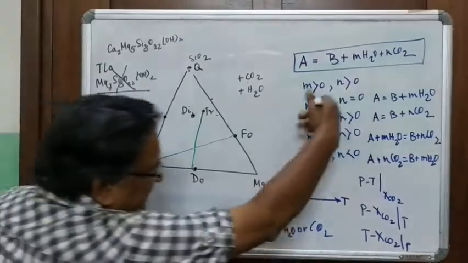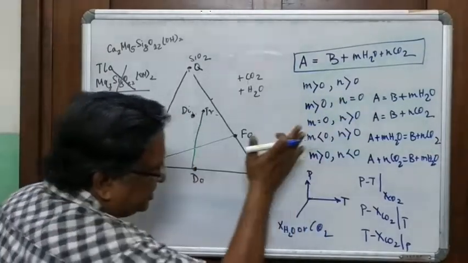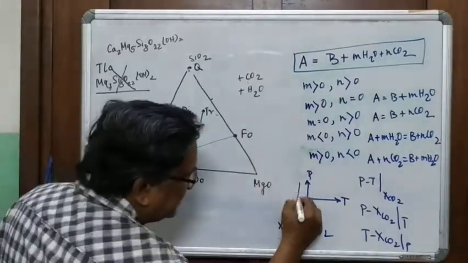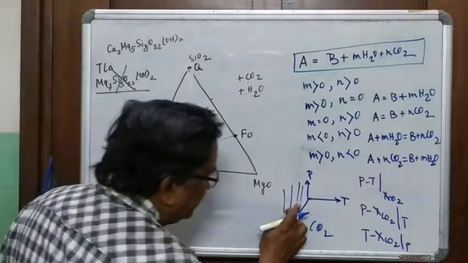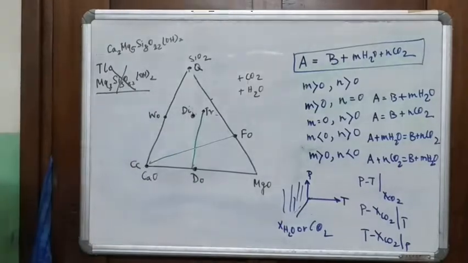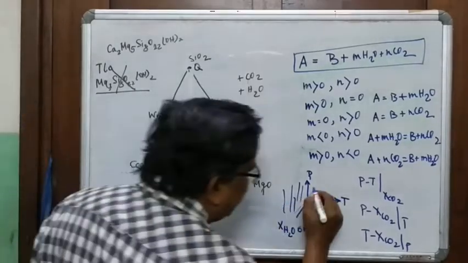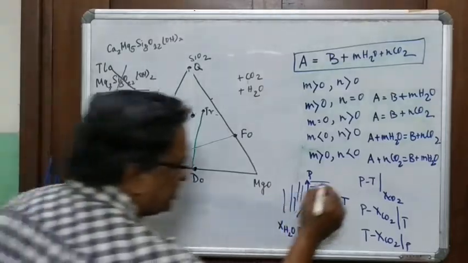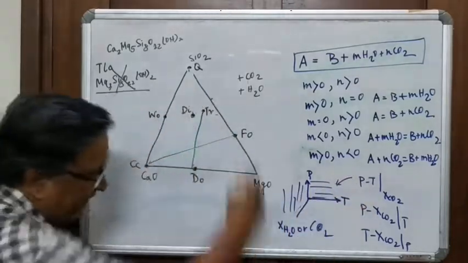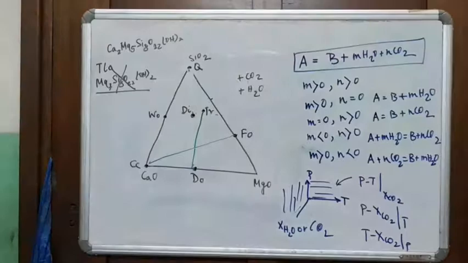So essentially this is the PXCO2 plane that you're looking at. And the pressure temperature diagram is in this field, at a particular XCO2 value.